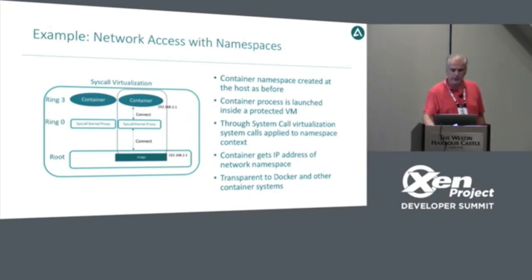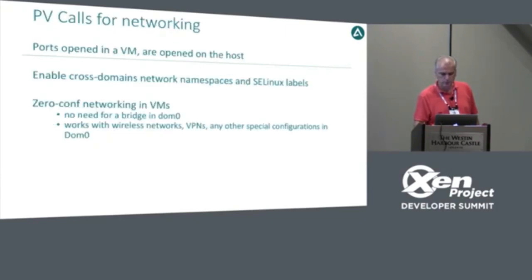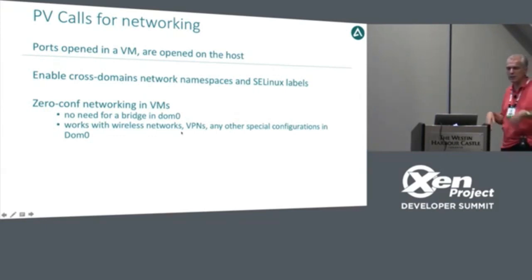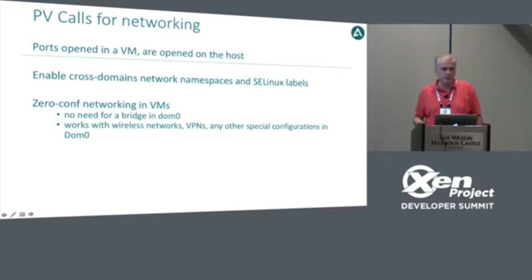Some other benefits are that there is pretty much zero config for networking inside the VMs. There is no need for a bridge, even in DOM0. We can move things down. And in reality, it works very easily with the underlying network. I don't have to do networking twice.